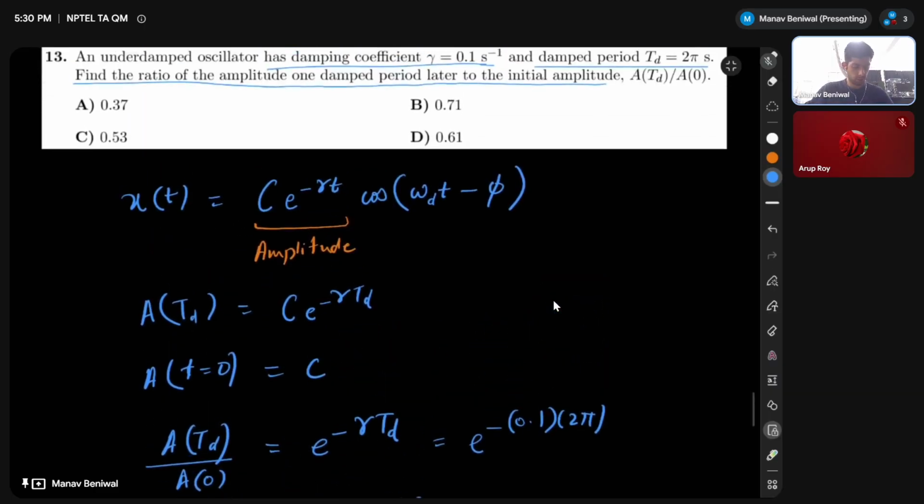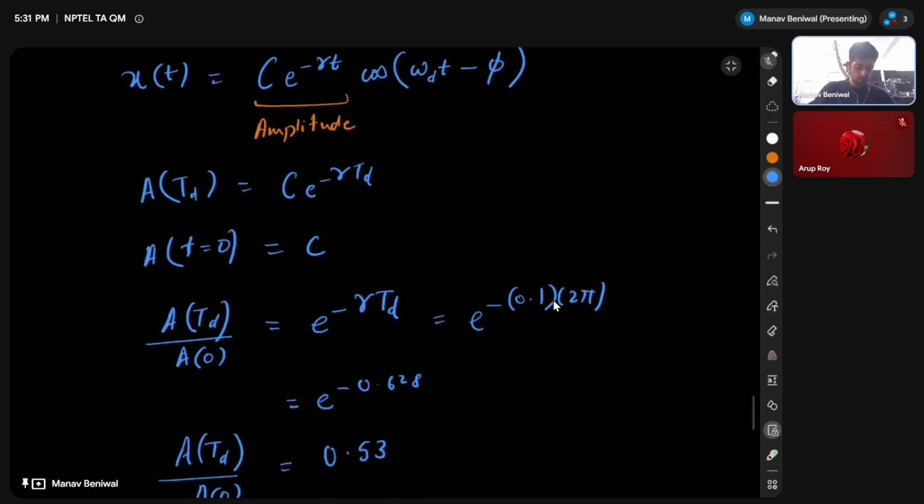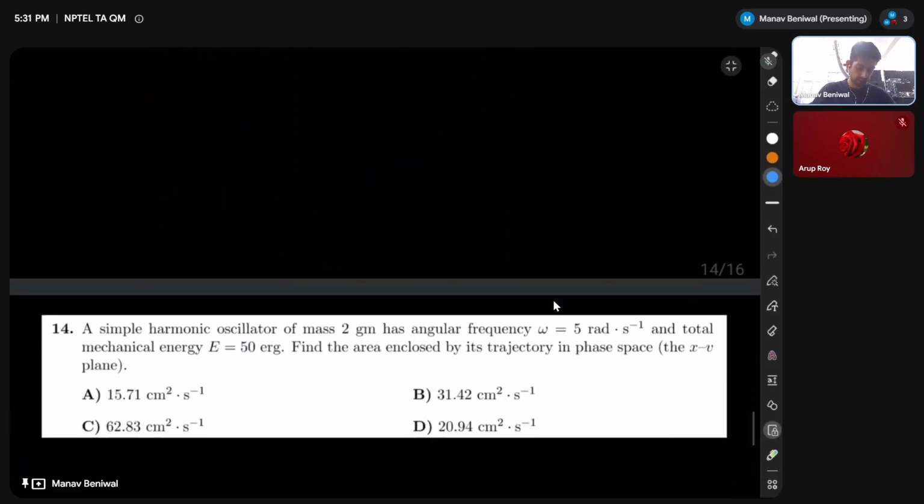So for a damped oscillator with gamma 0.1 and Td 2 pi, the amplitude is damped by almost half of what we started with.